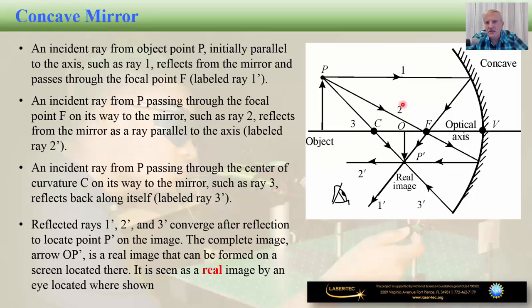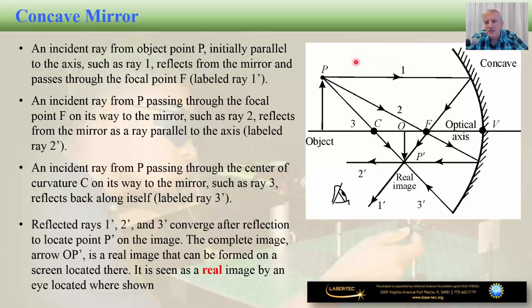So these 3 light rays originate from our object. Here we define the point P, that's the tip of our object, and we want to see where is going to be the mirror image of this point P. And again, to figure that out, we're going to be using these 3 distinct incident light rays, 1, 2, and 3. How did we come up with the light rays 1, 2, and 3?